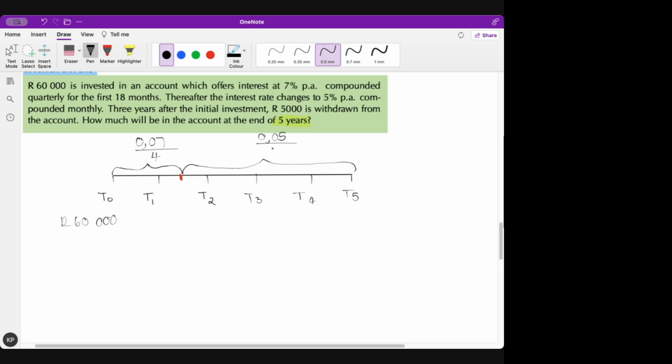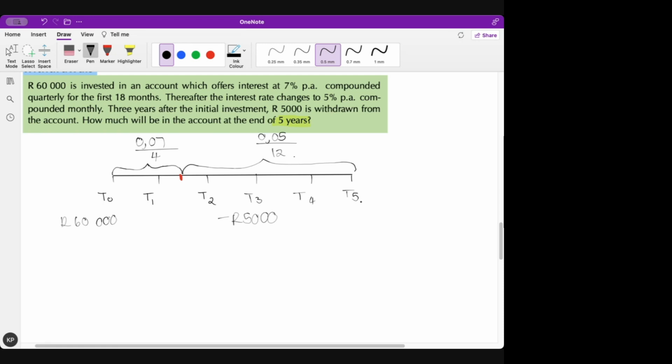Thank you very much. Great. 3 years after the investment, this person withdraws 5,000 Rand. So at the end of year 3, at T3, this person is going to subtract 5,000 Rands along with any interest that would have been earned on that 5,000 Rands.